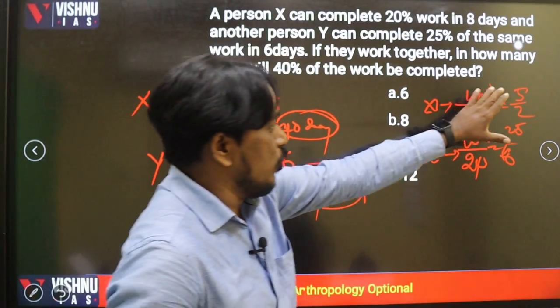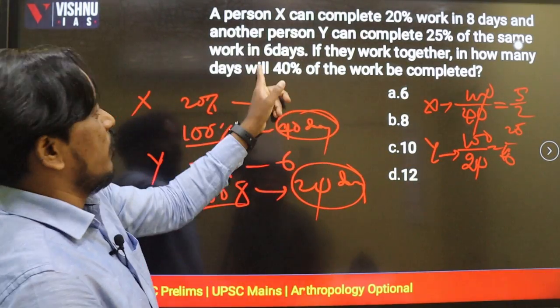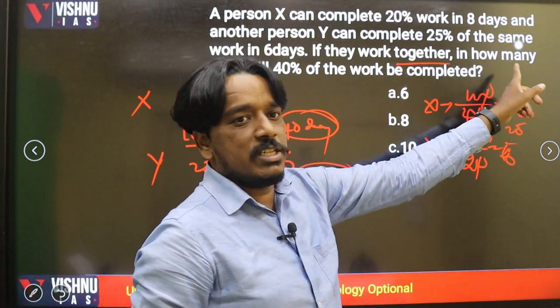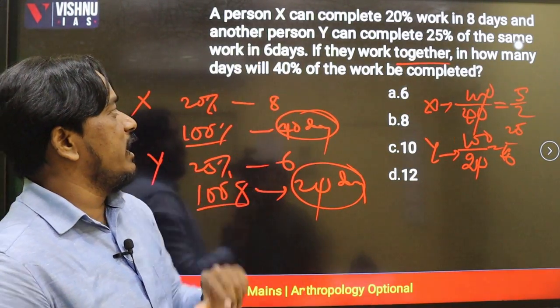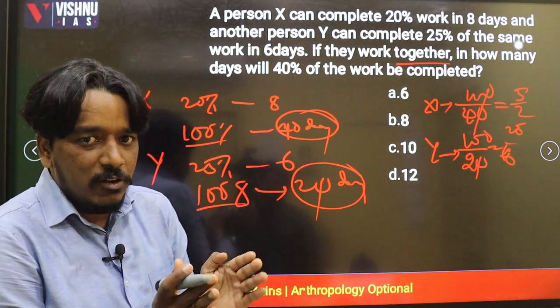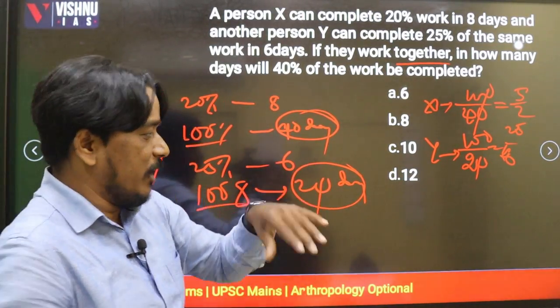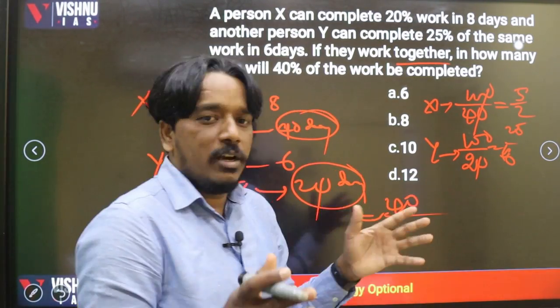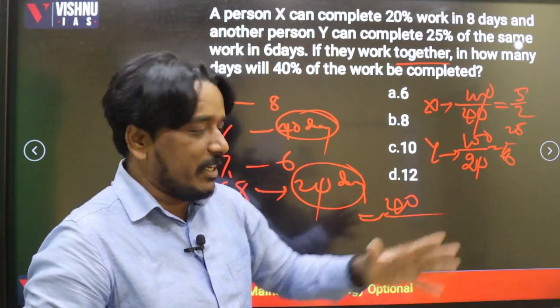In these cases, both persons' efficiencies we know, but what we have to calculate is, if the two persons are working together, in how many days will 40% of the work be completed? The total work is 100%. If you take 40%, we can consider it as 40 units divided by the combined efficiency, as both persons X and Y are working together.